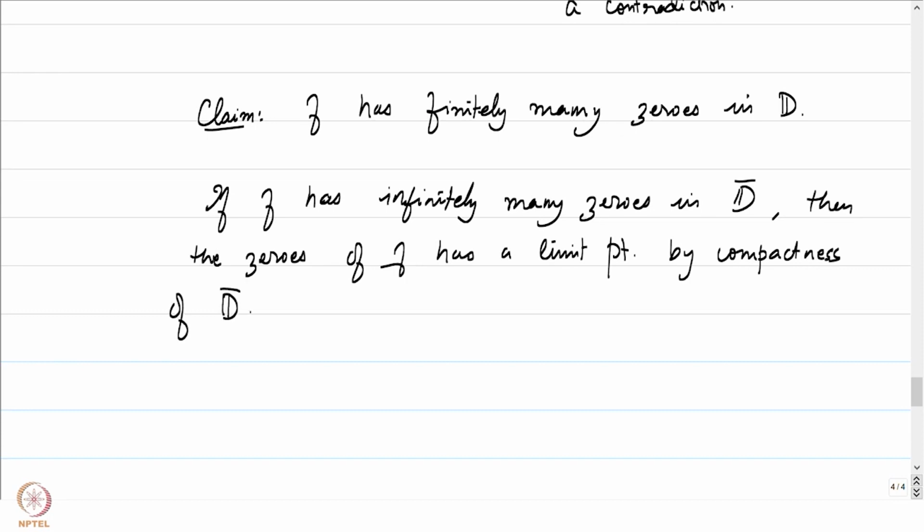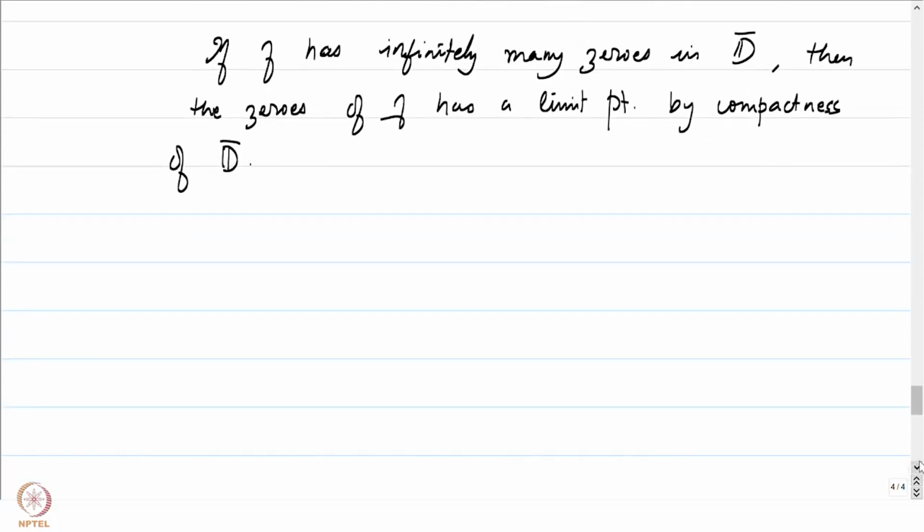By compactness of D bar, we will be able to get hold of a limit point, and this would imply that f is identically equal to 0, a contradiction to the fact that f is non-constant.